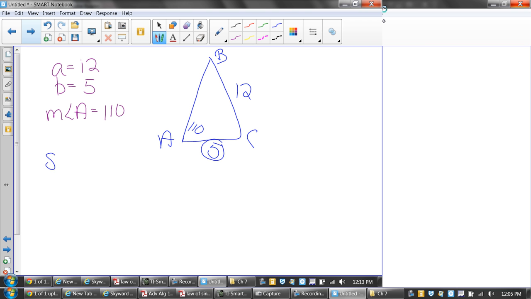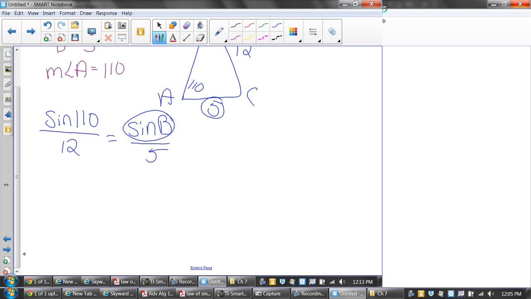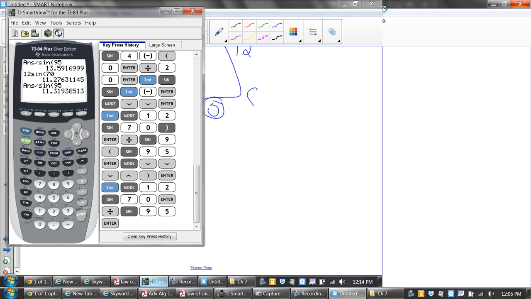Okay, so sine of 110 over 12 equals sine of B over 5. Okay? And we just want to get this by itself, right? So if we multiply both sides by 5, we get 5 sine of 110 over 12 equals sine of B, right? Okay, then you just go to your calculator.